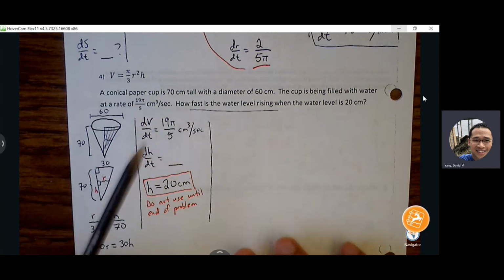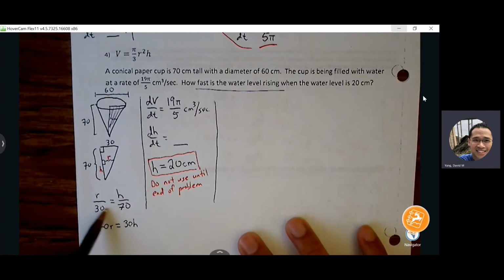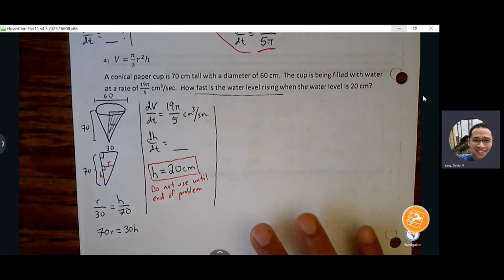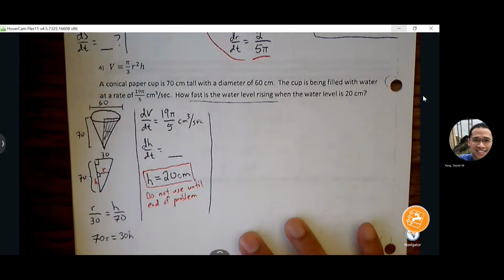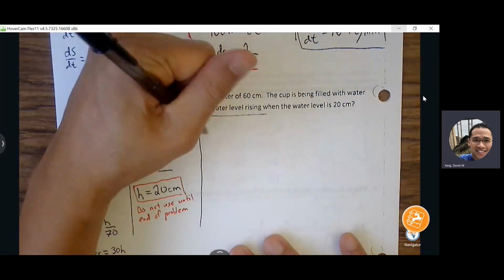Okay. If you solve for R, there's still a way. You can still do the conversion through the proportion equation, but it's just faster if we can kind of plan ahead.